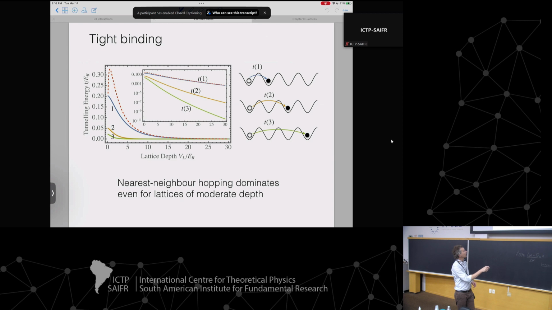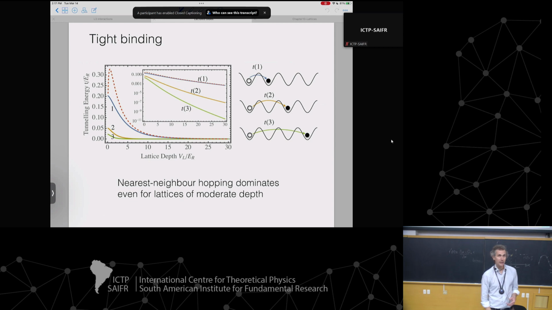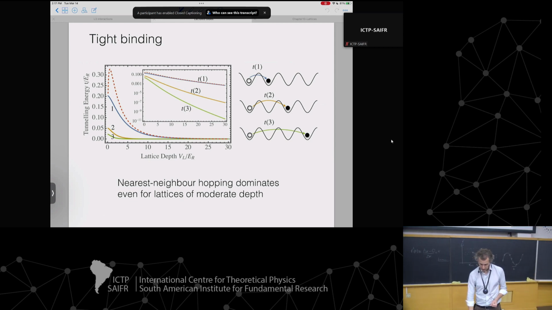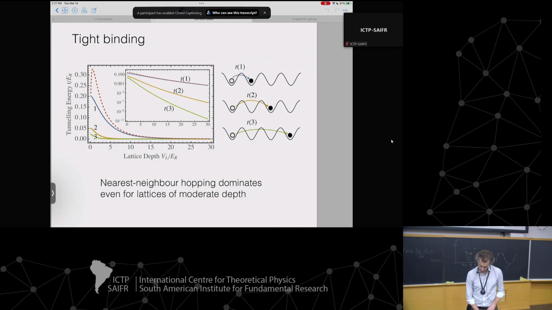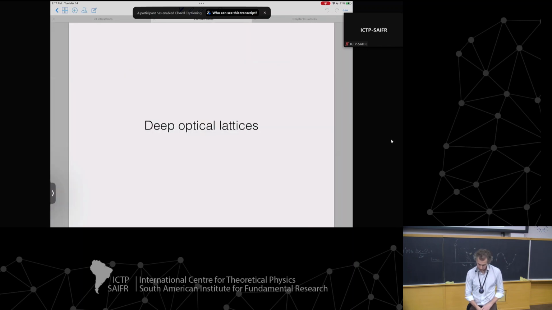It becomes much faster than 2 sites or 3 sites away at fairly reasonable lattice depths like 10 recoils. And so in that limit, where we only use that nearest neighbor, we call this a tight binding approximation, and all the Hamiltonians and dispersion relations become very simple. Okay. So now let's talk about deep optical lattices.